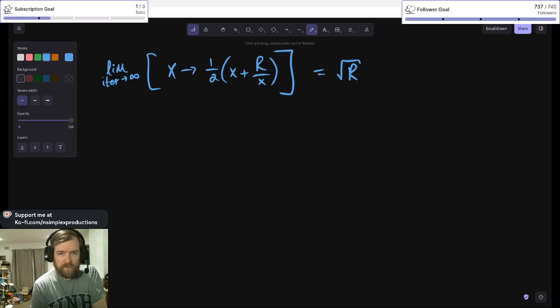So, let's just plug in x equals 1, r equals 2 for the initial stuff. We do 1/2 (1 plus 2 over 1).